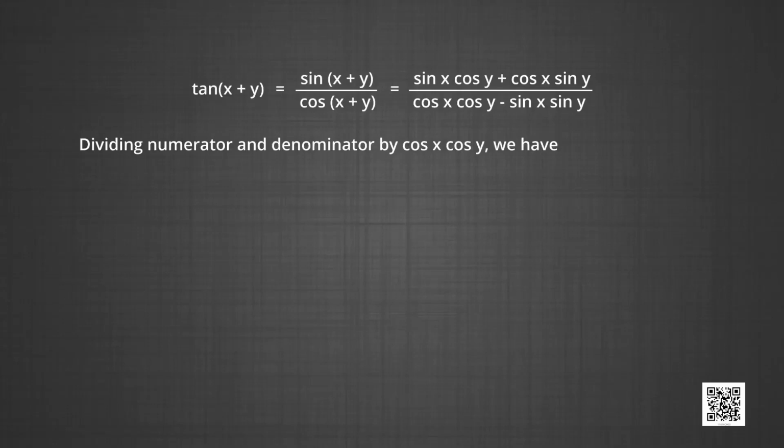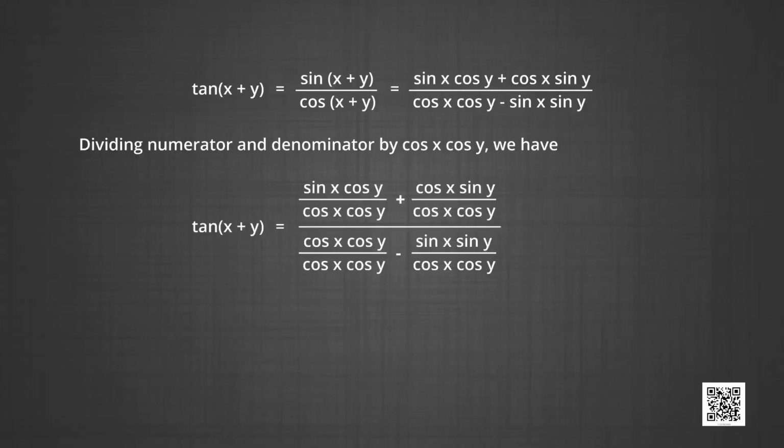Now, dividing the numerator and denominator both by cos x cos y, we have tan of x plus y can further be expressed as sin x cos y divided by cos x cos y plus cos x sin y divided by cos x into cos y.